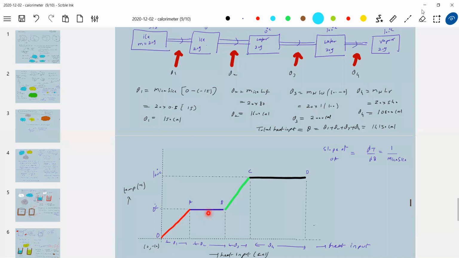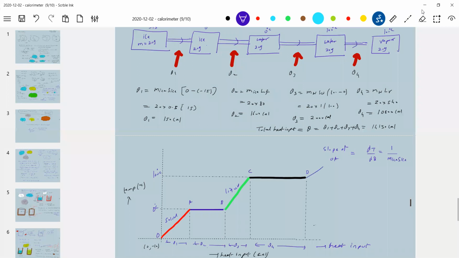What does the line AB indicate? Change of state. The greater the length of this line, the more heat is required. So this will be the change of state. Here we can write this as solid. Liquid.